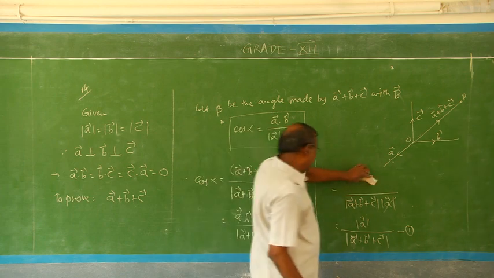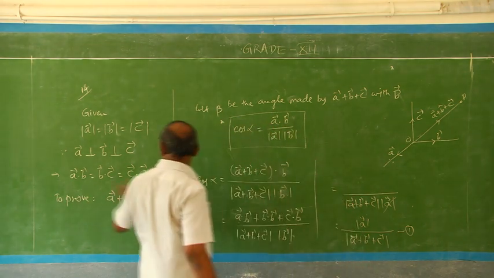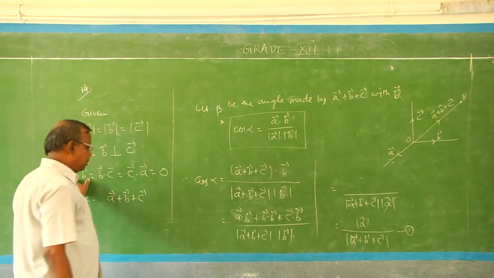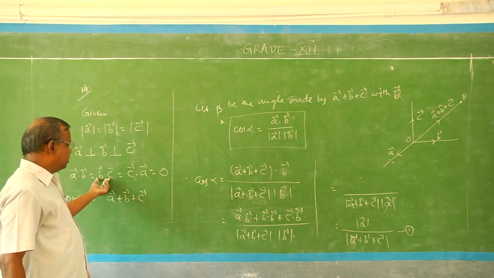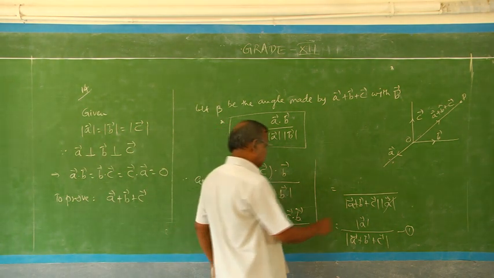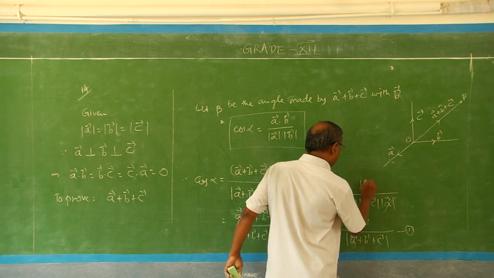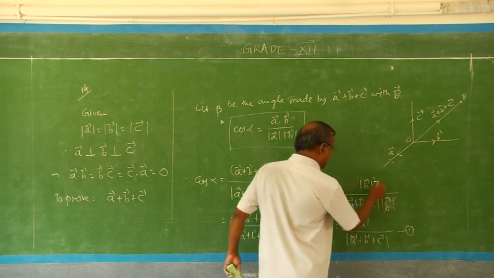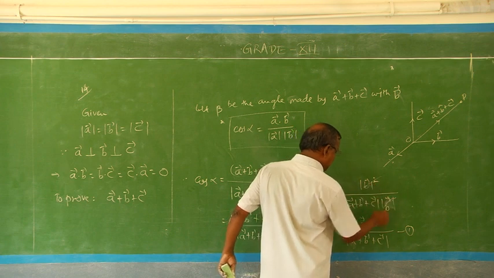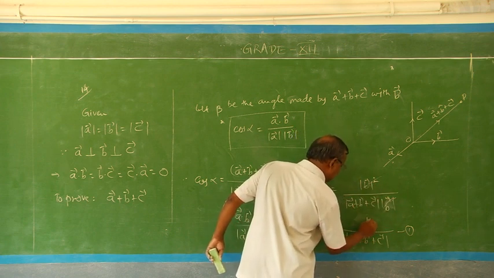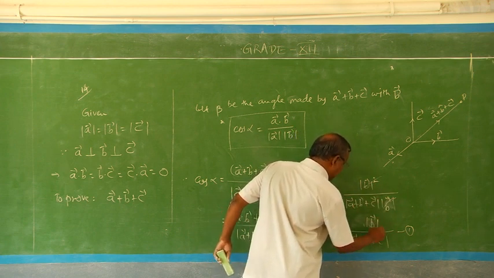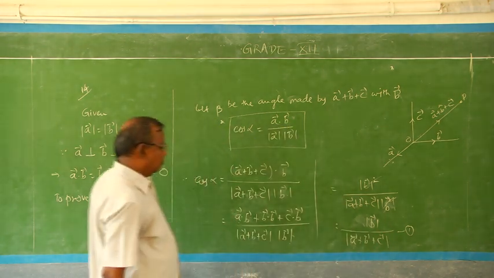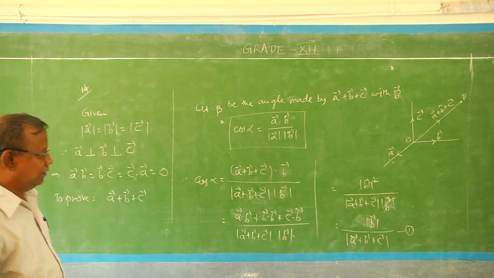In the numerator, a dot b equals 0, b dot b equals modulus of b squared, and c dot b is also 0. Therefore, the numerator becomes modulus of b squared. Cancelling, we have modulus of b divided by modulus of a + b + c.